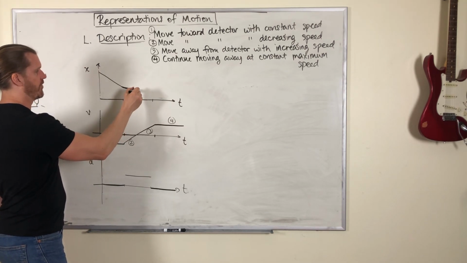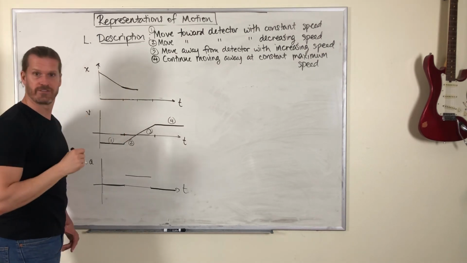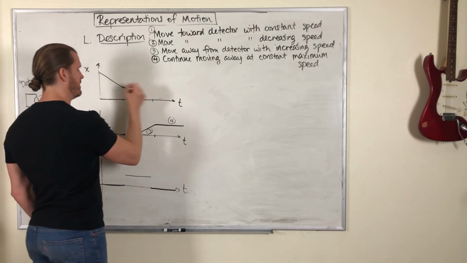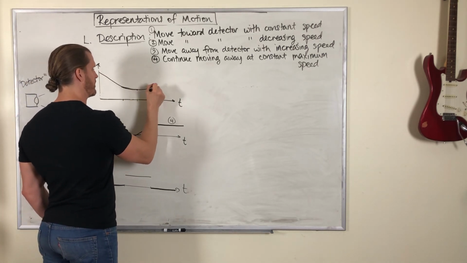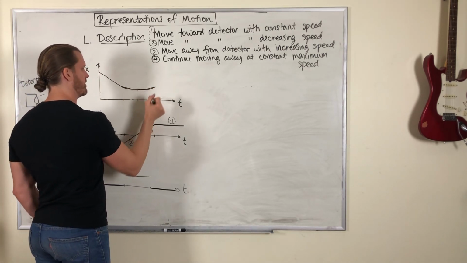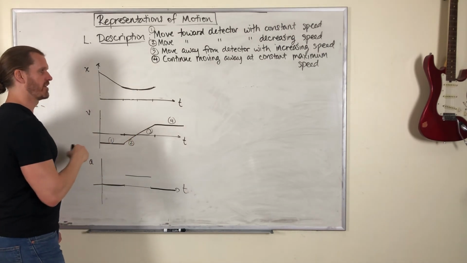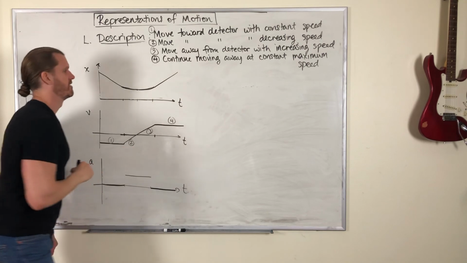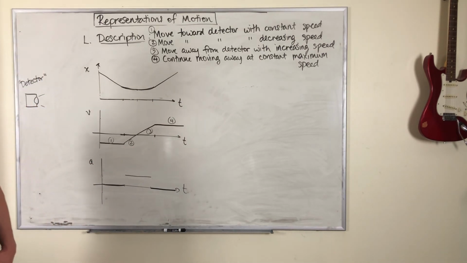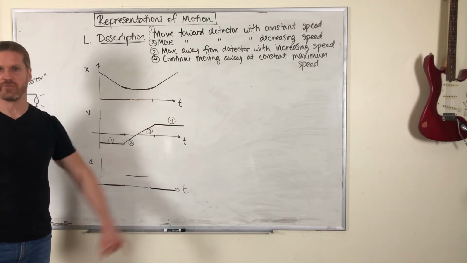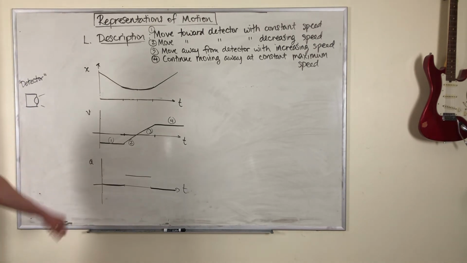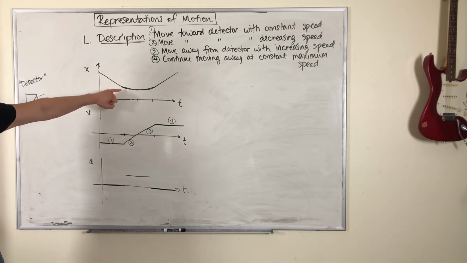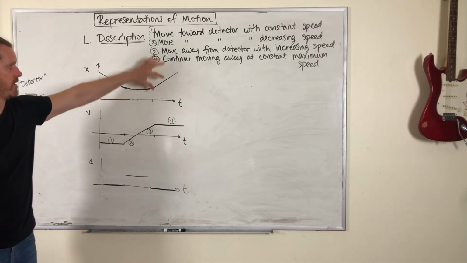And now we reach our closest approach and turn around and start moving away with increasing speed. So there's another parabola segment. And then we've hit our maximum speed and continue moving away. So straight line, parabola segment, straight line.